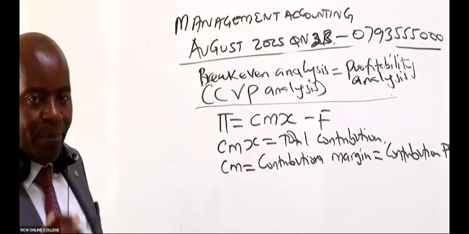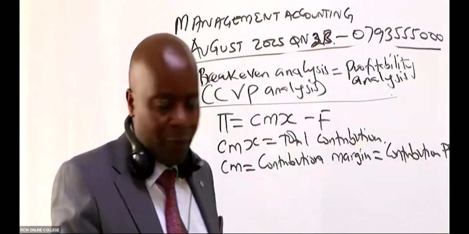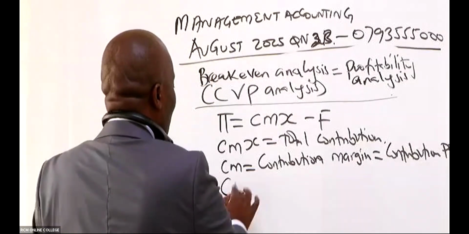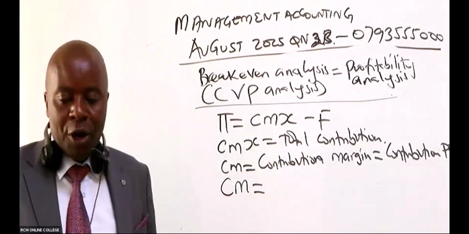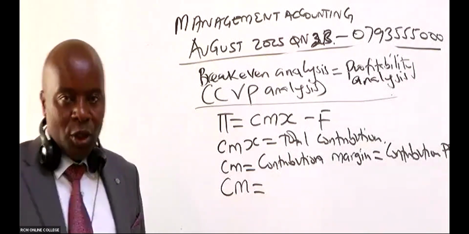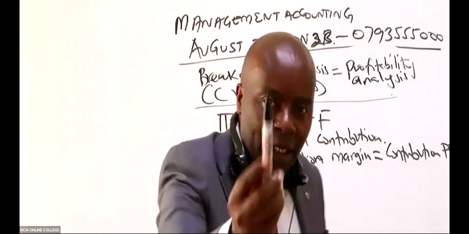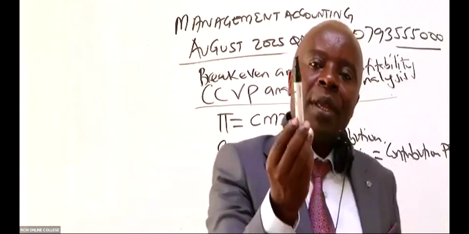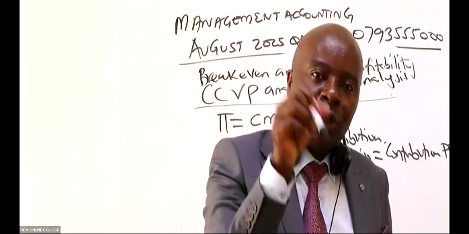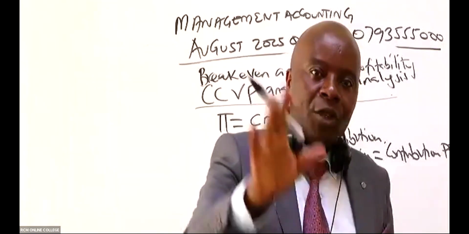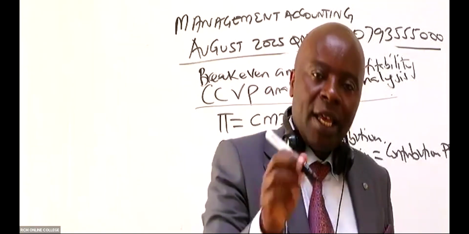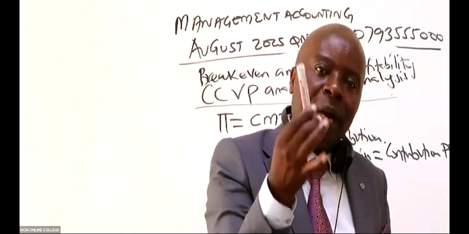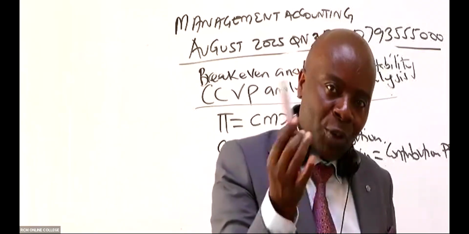Now, the most important thing that I would want to sell to you this afternoon, ladies and gentlemen, is the formula for getting CM. How do we get contribution margin? If I'm selling a pen like this one that I have here today, and I want to know how much each pen is contributing towards my fixed cost and profitability, I look at the selling price minus the variable cost that I incur to produce the pen.